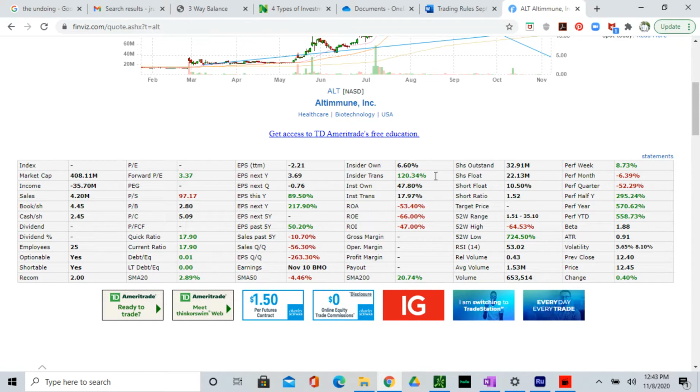We'll get to that. But what's the most important part in realizing if a stock can really make a move is knowing its share float. It has a share float of 22 million, and then a short float of 10%. That means 10% of this float, the number of shares available for that company to publicly trade, is used to bet against the company, right?